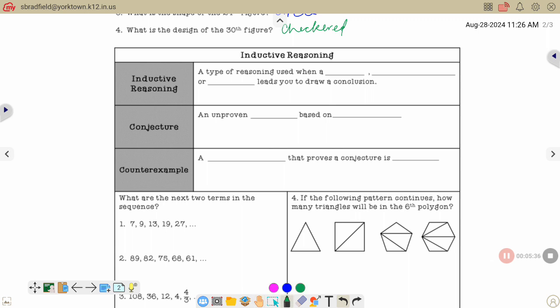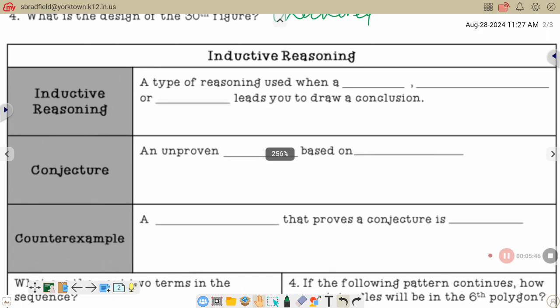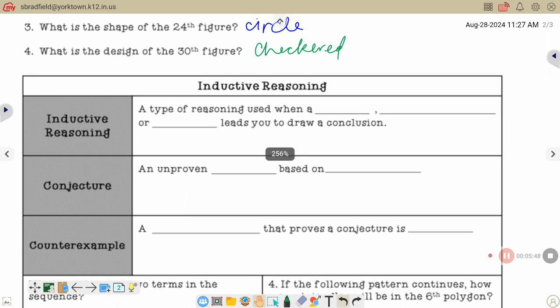Inductive reasoning is where we look at a pattern and we determine what's going to happen in the future, or what we think could happen. So let me get the words right here.